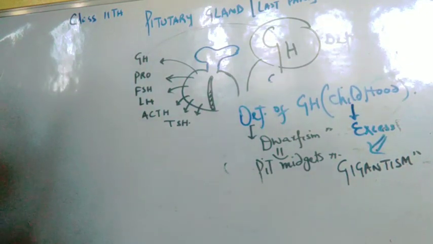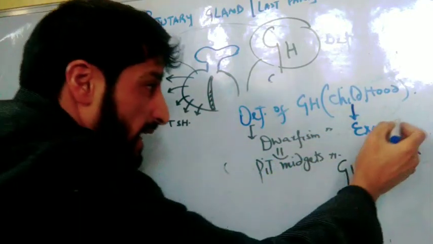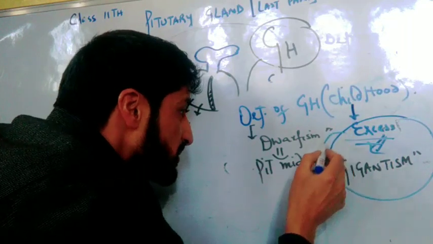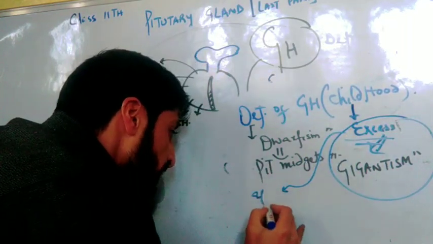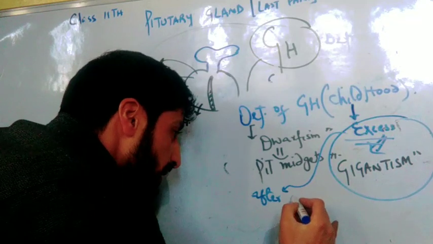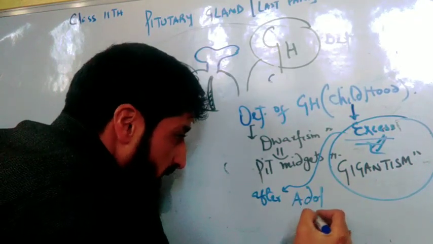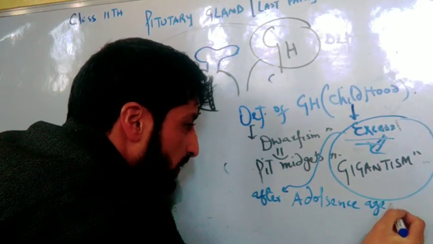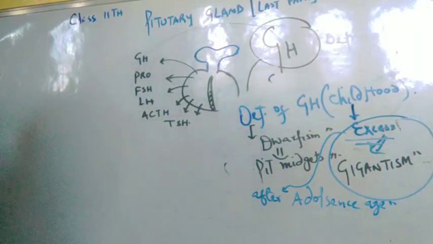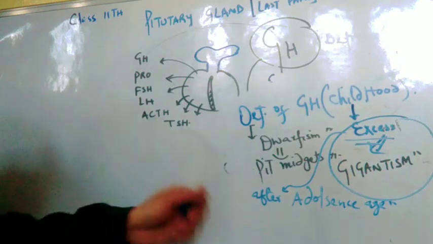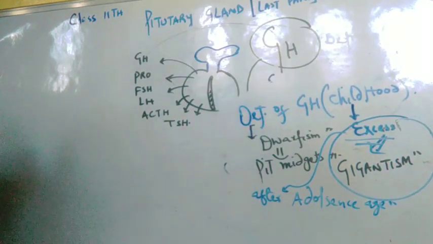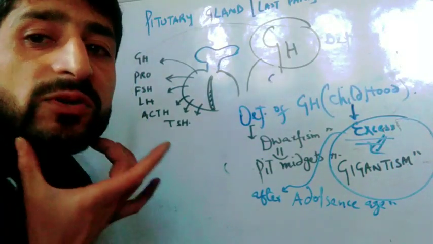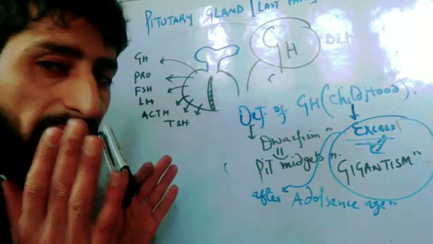However, if there is excess of growth hormone after teenage, after adolescence age, then what will happen to such persons? The jaw bones will show enlarged development.